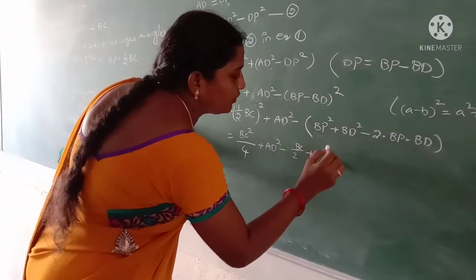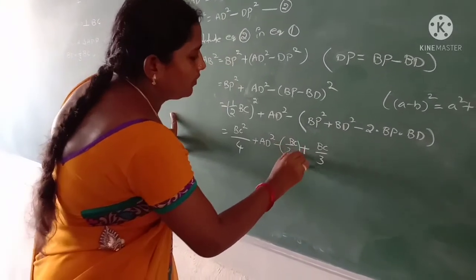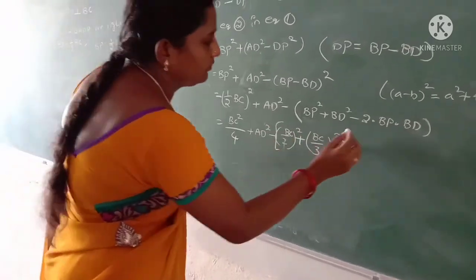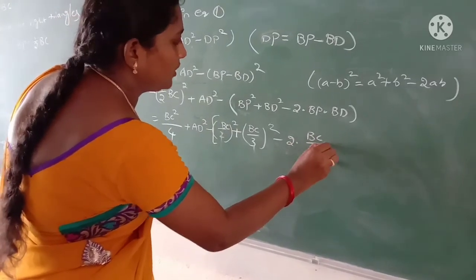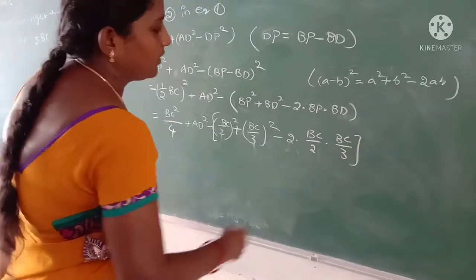So we substitute the BD value, 1 by 3rd of BC whole square, minus 2 into BP value BC by 2 into BD value BC by 3.